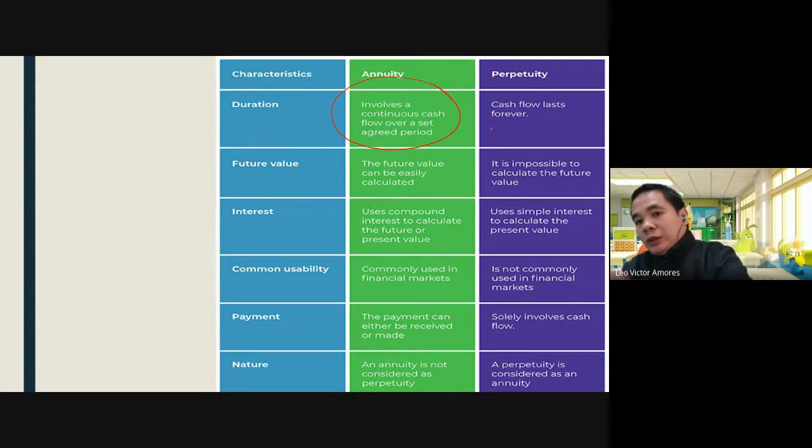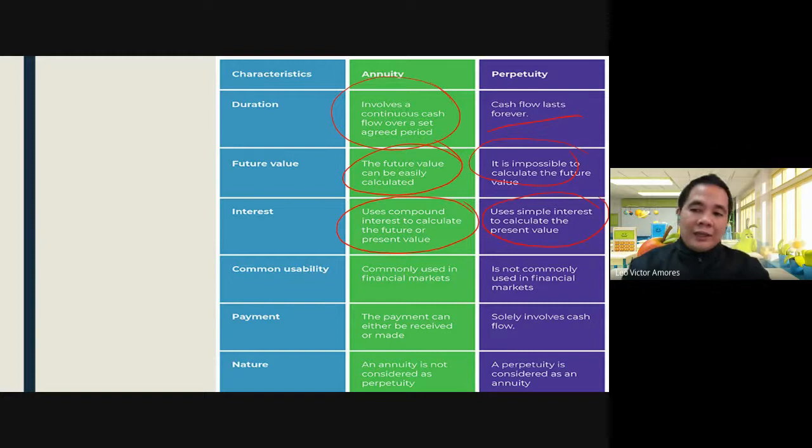Meanwhile, a perpetuity is forever. The future value of an annuity can be easily calculated, but for a perpetuity it is impossible to calculate the future value since we don't know which year it ends. For interest, an annuity uses compound interest to calculate the future value, but a perpetuity only uses simple interest to calculate the present value.